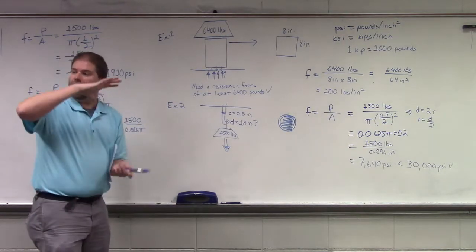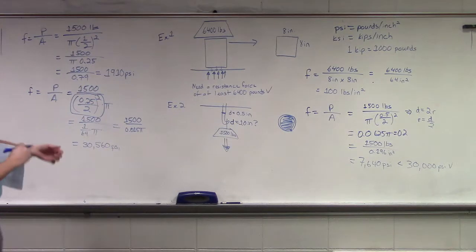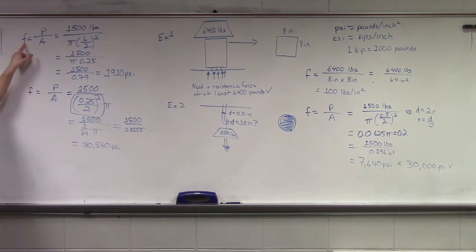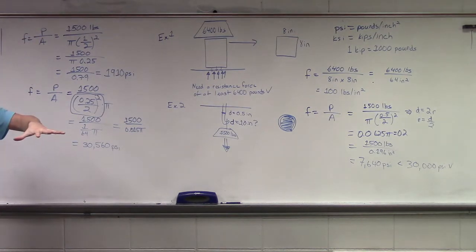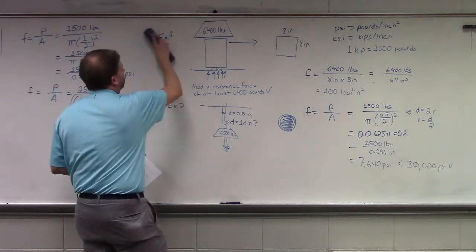Now I can figure out how much load I can actually put on this thing. Or I can say, I know my allowable stress that the code will let me do. I know how much weight I'm putting on this thing. How big does it need to be? Okay, so this is how we determine how we're going to design and construct out in the field.